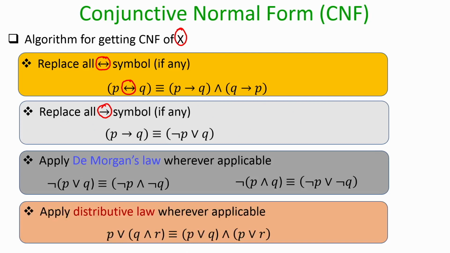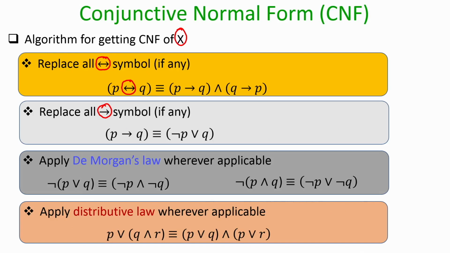And then finally, you apply the distributive law wherever applicable. That means, you distribute your disjunction over conjunction. I am not going to distribute conjunctions over disjunctions, because remember, finally I have to bring my expression into the conjunctive normal form, and conjunctive normal form means I should have a conjunction of clauses.